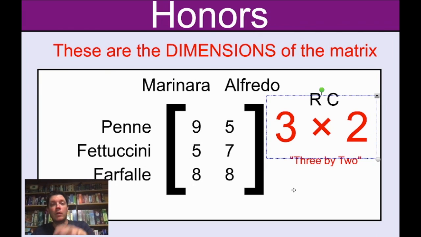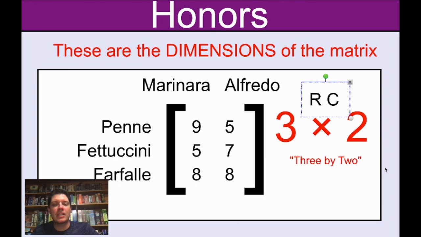You do not multiply these numbers. It's just like a piece of wood: a 2 by 4 means 2 inches by 4 inches. You wouldn't say that's an 8 piece of wood. Same thing here. This matrix isn't a 6 magically. It's a 3 by 2, which means it has 3 rows and 2 columns.